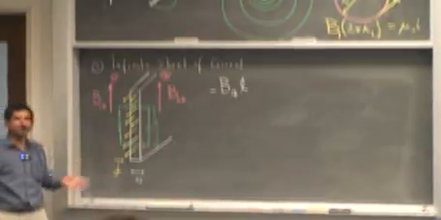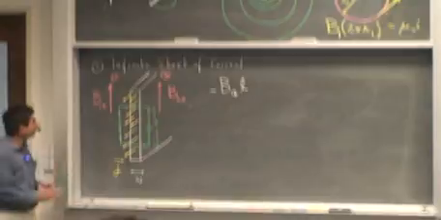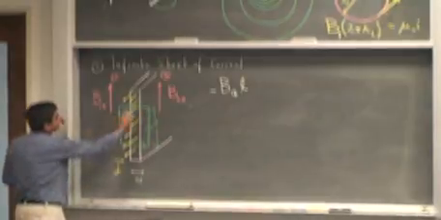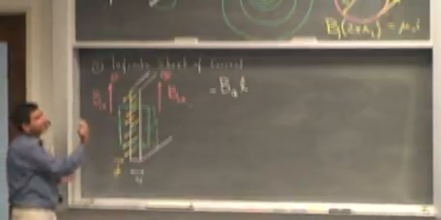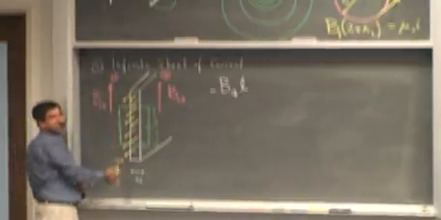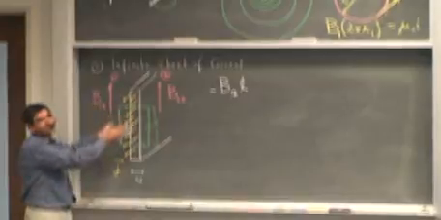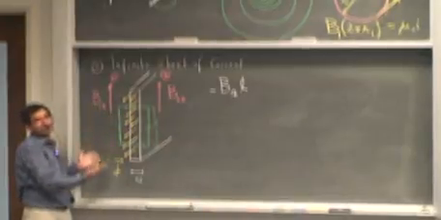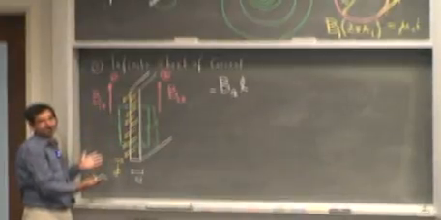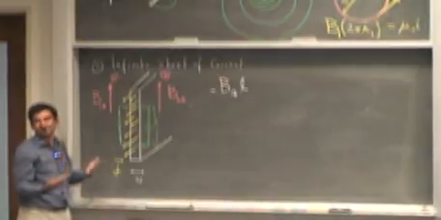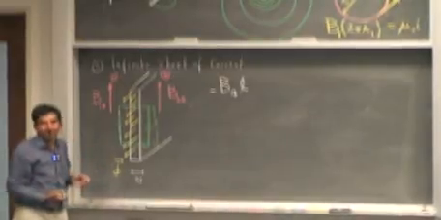It cannot have an X component or a Y component, because this current is pointing out of the plane of the blackboard, and this is an infinite sheet, so the magnetic field can only point along the Z direction. Do you tend to agree with this?